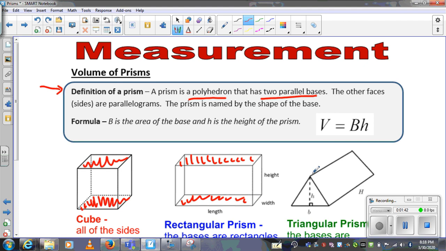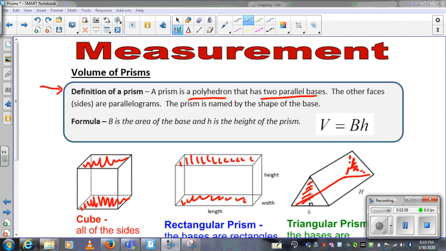This last one here looks like a Toblerone candy, and this is called a triangular prism. The base here is a triangle, which is parallel to the triangle on the inside here. There's a triangle on the inside, this one over here. Can't really see it, and I'm trying my best to make it a visual, but I'm not sure if that's really working so well. But you have a triangle in the front and you have a triangle in the back.